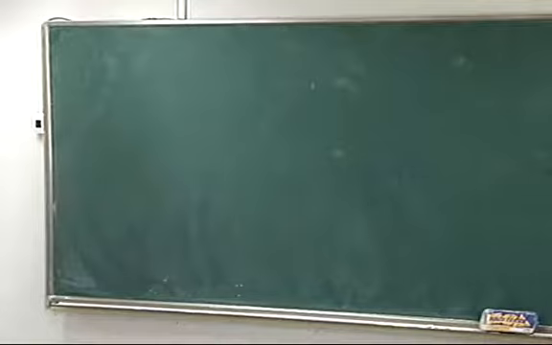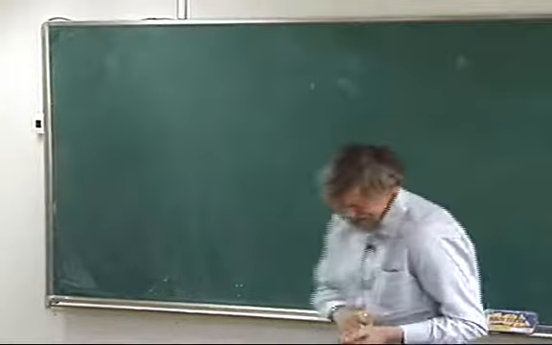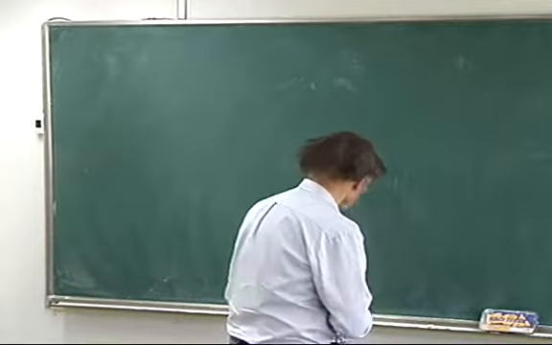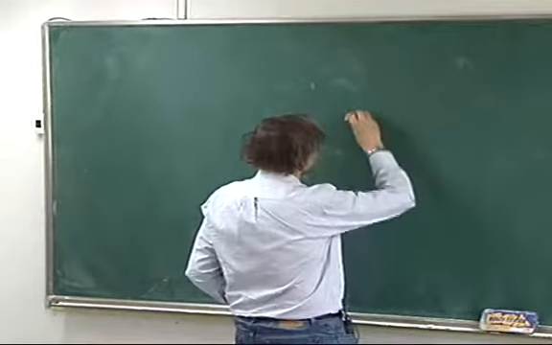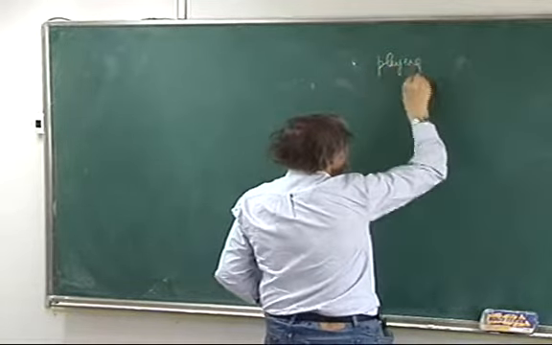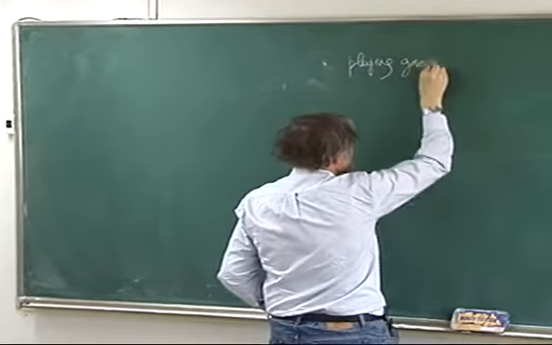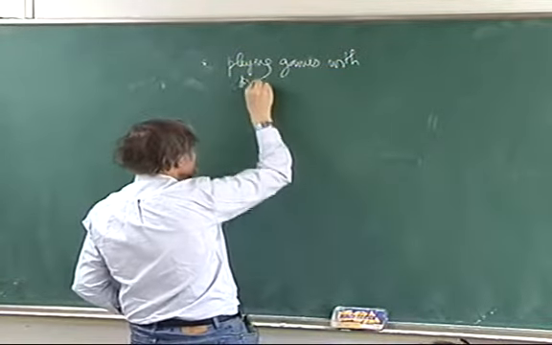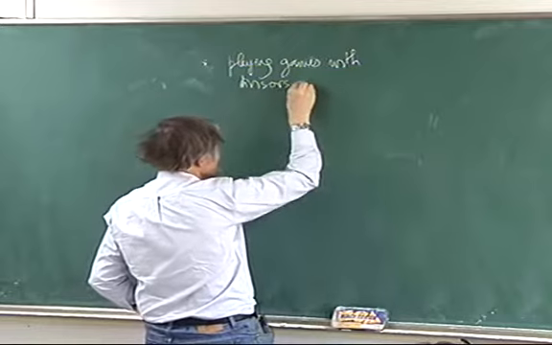So I want to do two slightly different things in these two halves of this lecture. I want to continue playing games with intersection numbers, with divisors and intersection numbers.